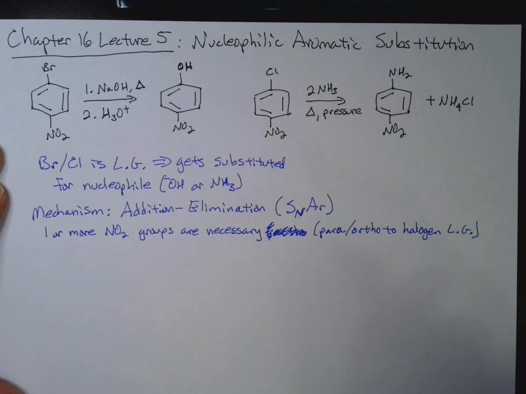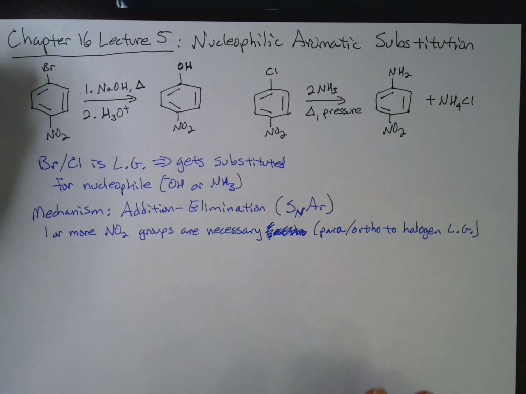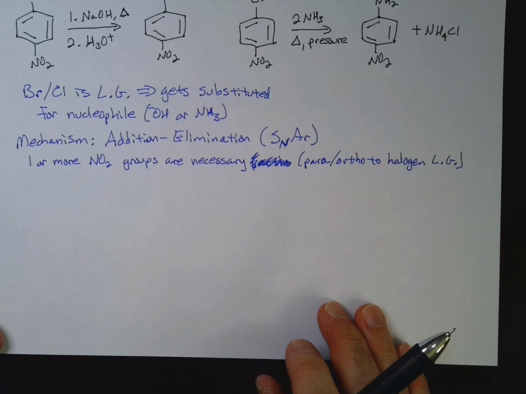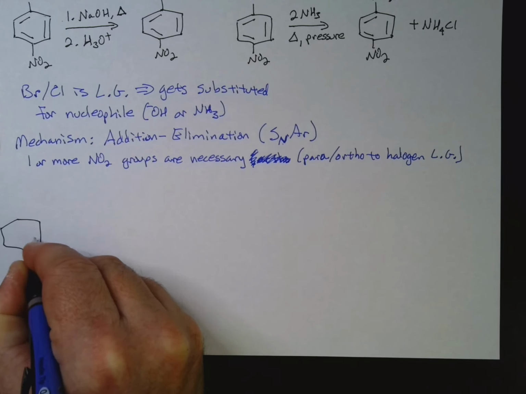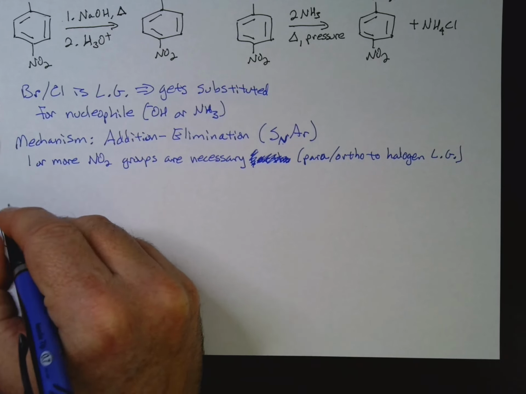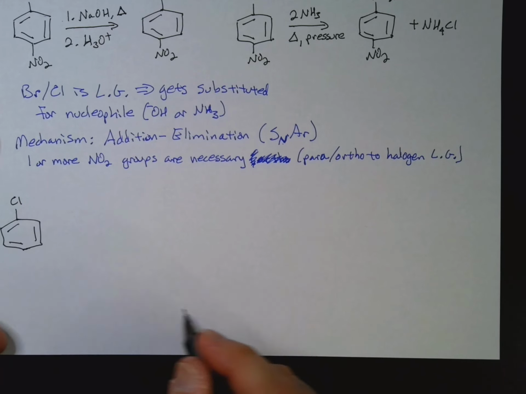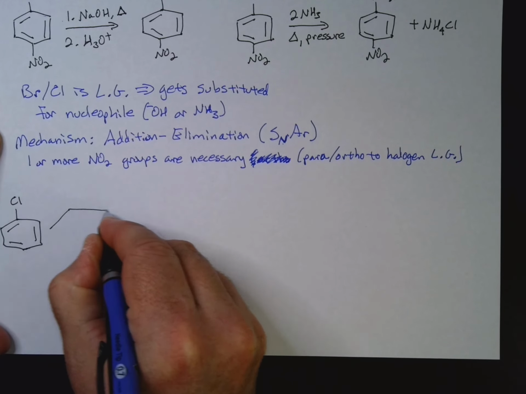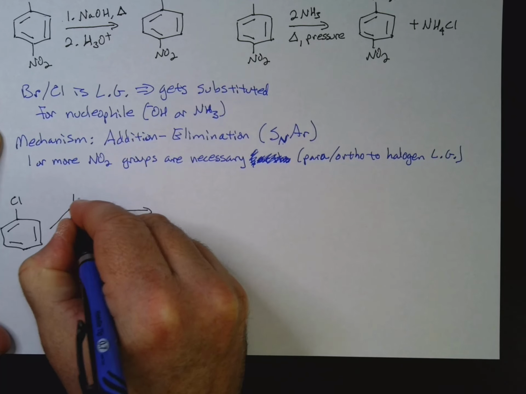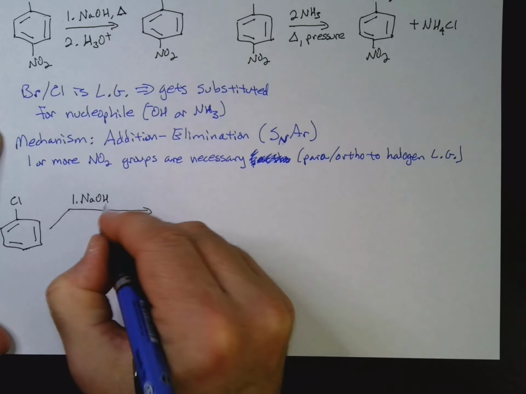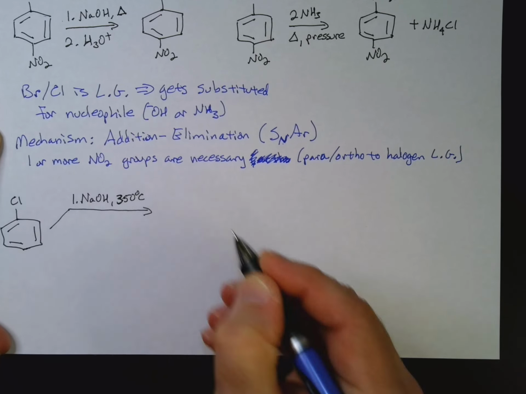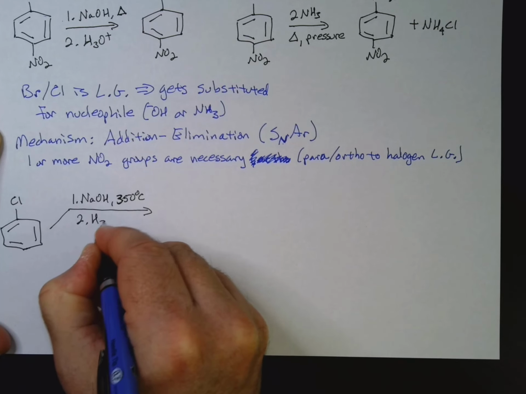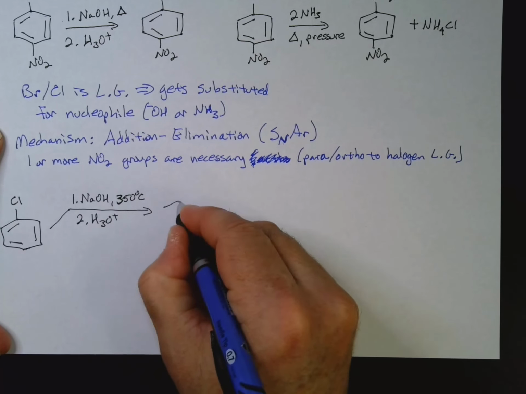All right. Now, there's another type of nucleophilic aromatic substitution reaction that involves taking a halobenzene, like for example chlorobenzene, and again heating it up with NaOH, and typically a bunch of pressure, and then quenching with acid to make phenol.